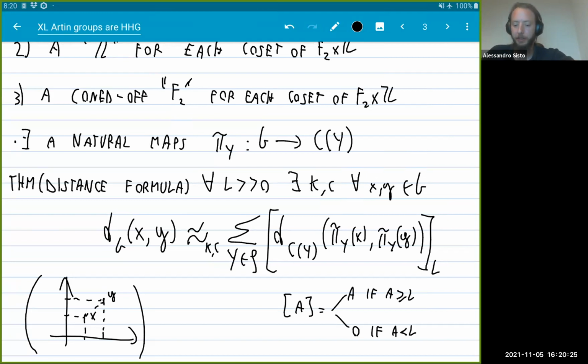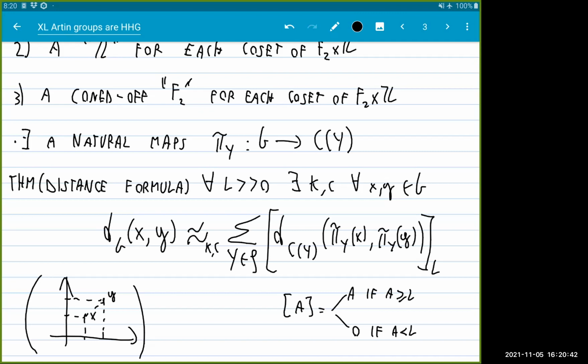In general, I forgot who was doing it. Maybe if you Google effective distance formula, you might find the paper that I have in mind. Thank you. Sure.